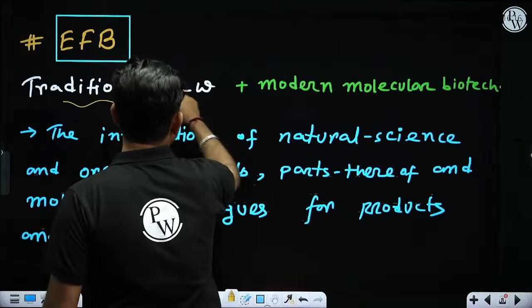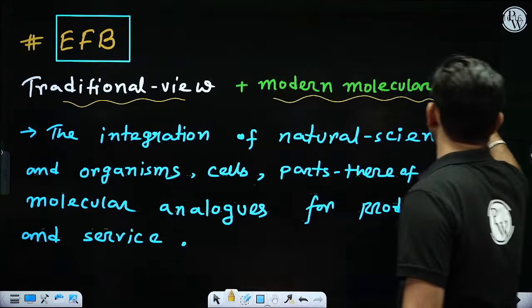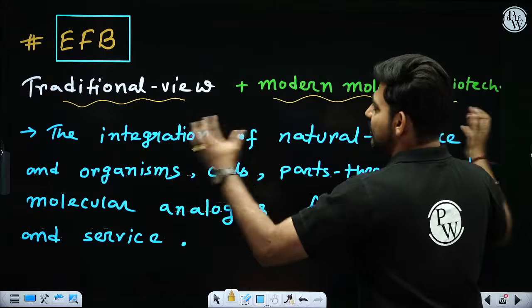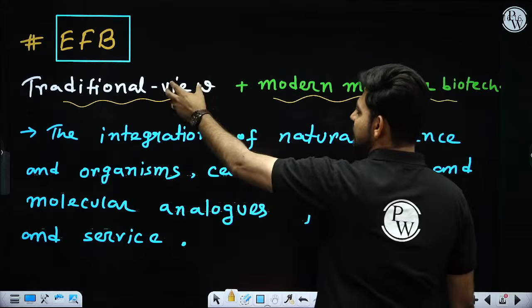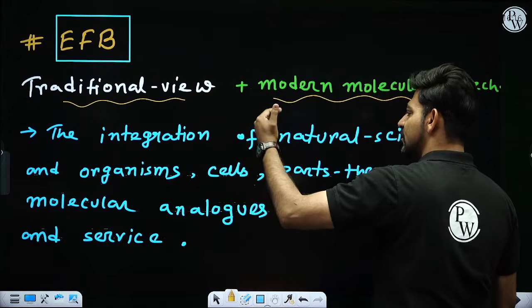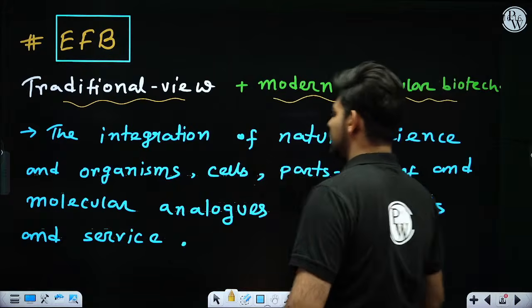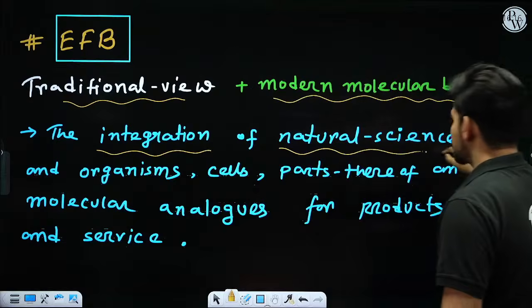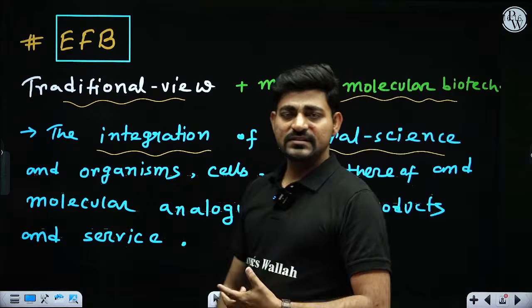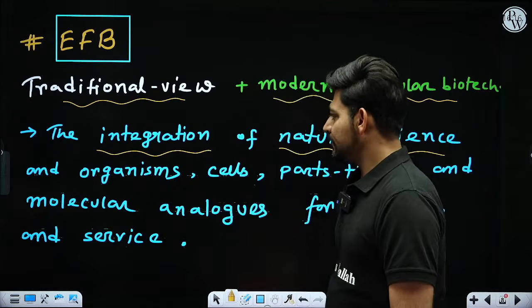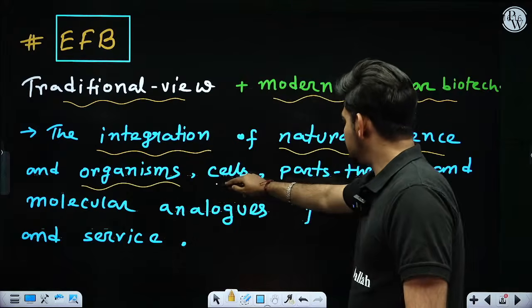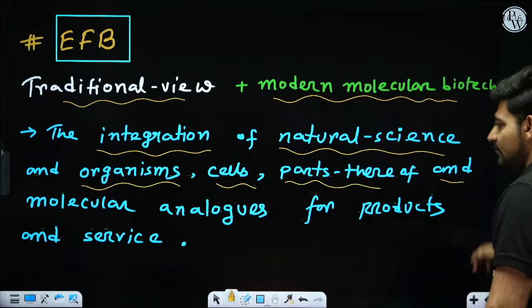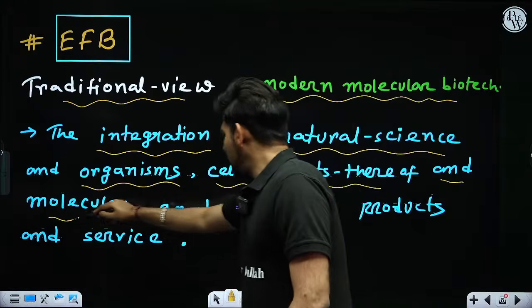So, the traditional view plus modern molecular biotech is put together here, while the EFB tries to define biotechnology. According to EFB, it's the integration of natural science, that means physics, chemistry and biology, and organisms, cells, parts thereof, and their molecular analogues.